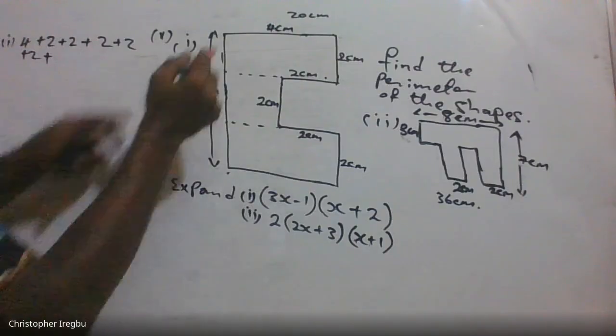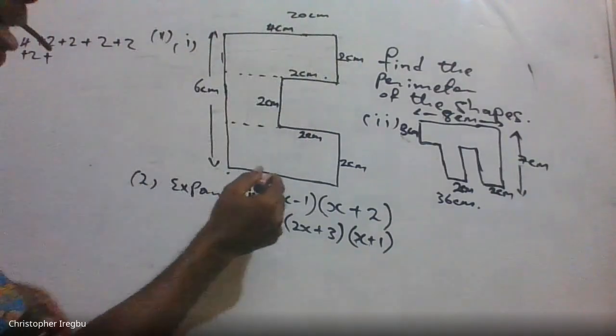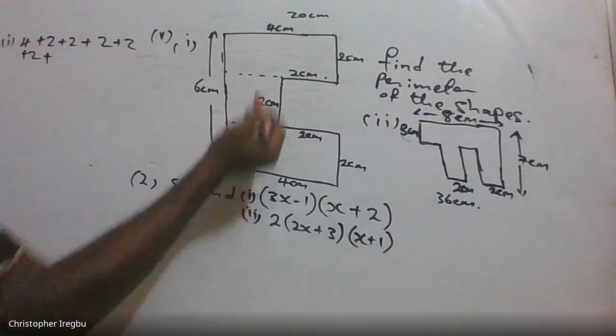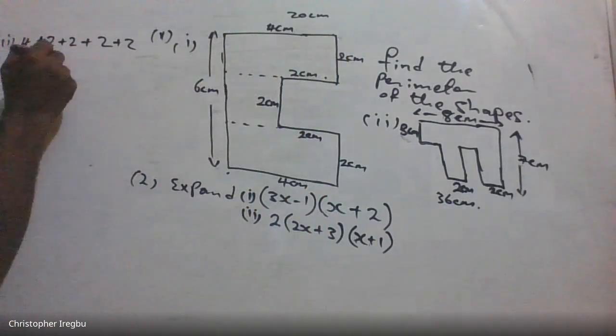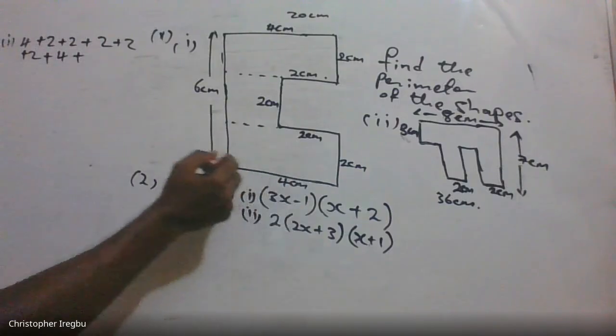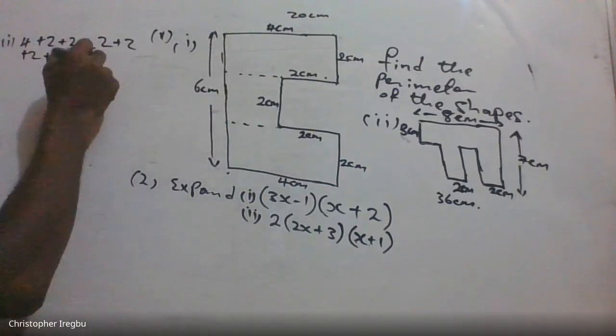Then, so here is 4. From here to here is 4. That means that from here to here is also 4 cm. Here is 4. Here is 4. So plus 4 plus, then the whole of this one is 6 plus 6. So we add everything.